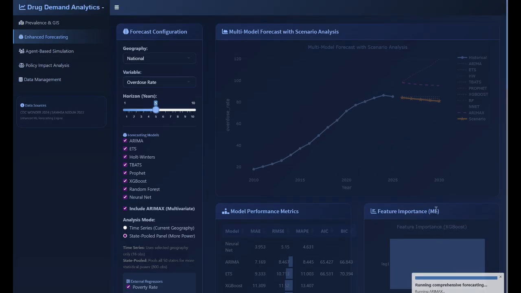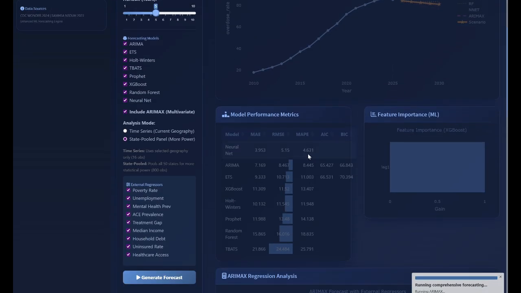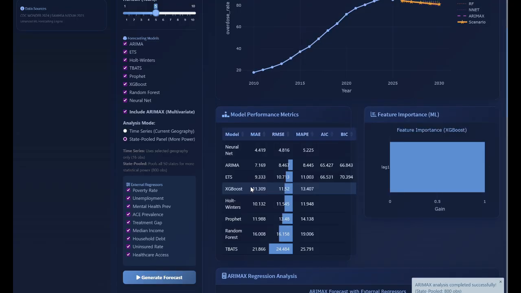And as it runs, you will see in the application that it shows the historical indicators here, the historical trends on what the overdose rate is in this case, and then what the forecasted overdose rate is based on the confluence of these models. And then here you can see the different types of model performance. The model that has the lower RMSE, MAE, and MAPE is the higher performing model.